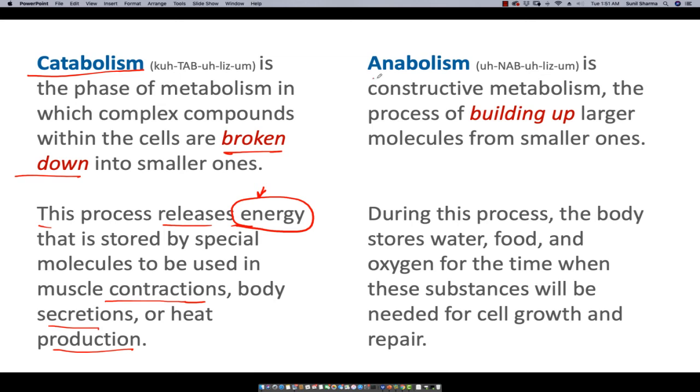On the other side, anabolism is a constructive metabolism, the process of building up. During this process, the body stores water, food, and oxygen for the time when these substances will be needed for cell growth and repair. So what is this doing?